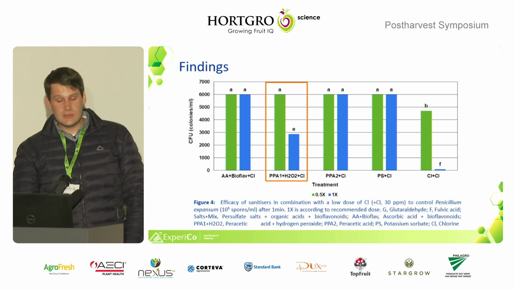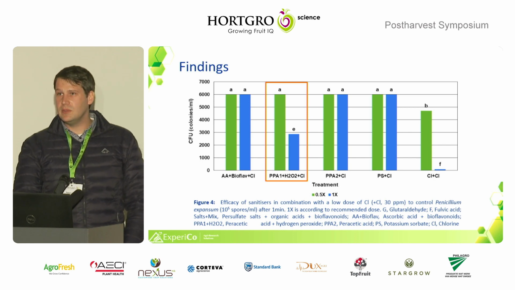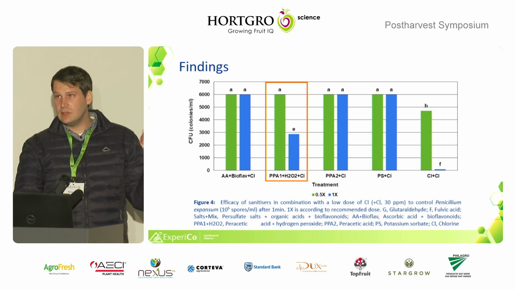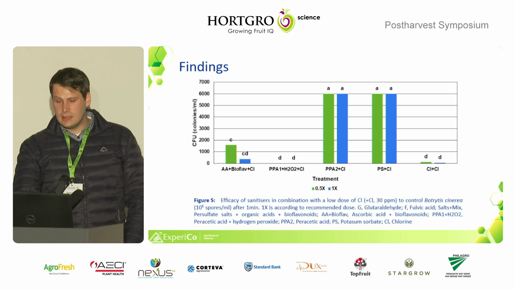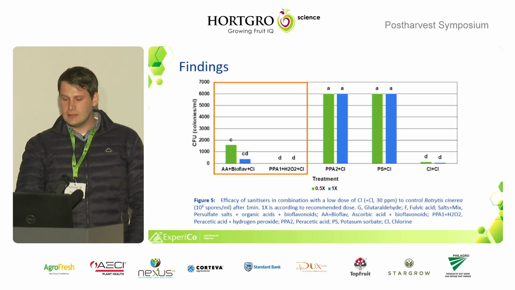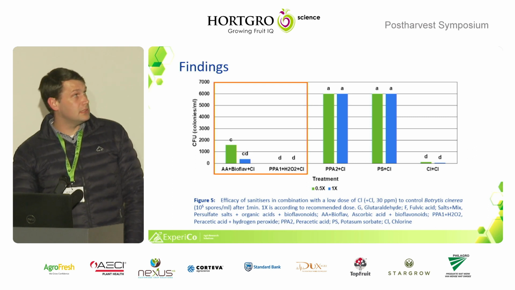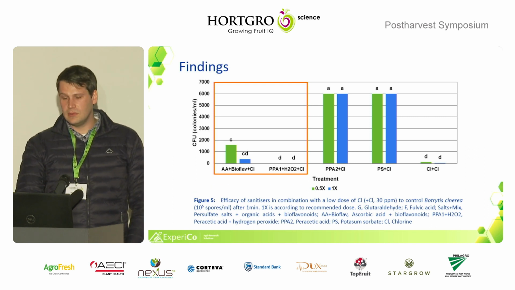We saw some improvement when we combined it with chlorine against penicillin, specifically referring to the lower dose of even the peracetic acid and hydrogen peroxide. And then looking at botrytis, again seeing some benefit in including a low dose of chlorine, if that was an option going forward.